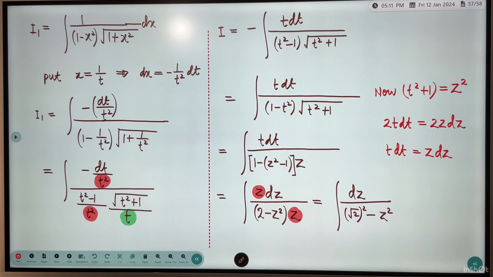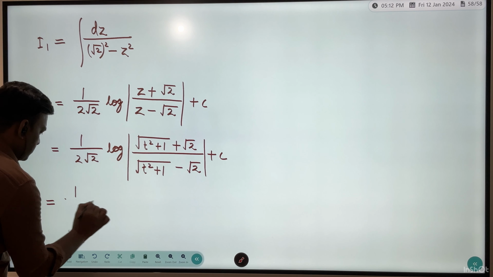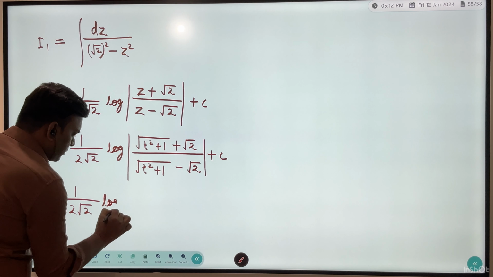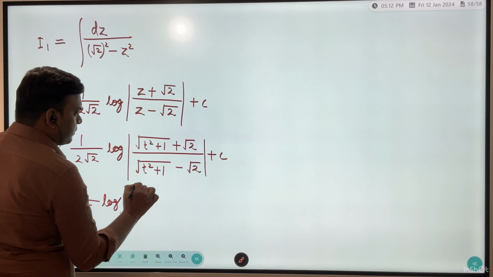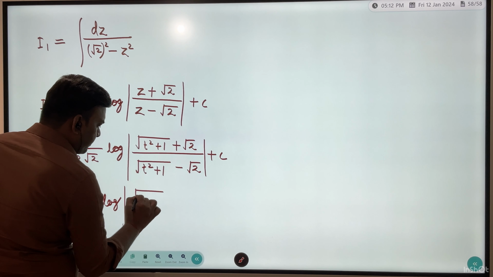So finally we have got the integration as 1 by 2 root 2 log square root of t square plus 1 plus root 2 divided by square root of t square plus 1 minus root 2. Again we will substitute the value of t, because t was also a substitution.